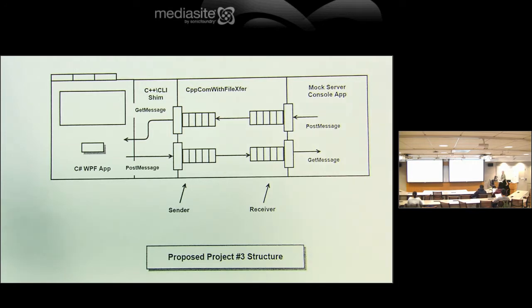So in the first wave, we talked about this diagram. We looked at the CPV COM with file transfer code. We looked at the sockets library a little bit, which is part of CPV COM with file transfer.